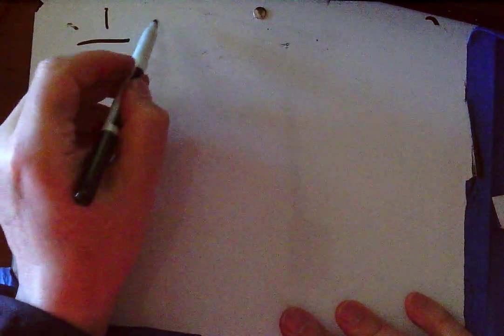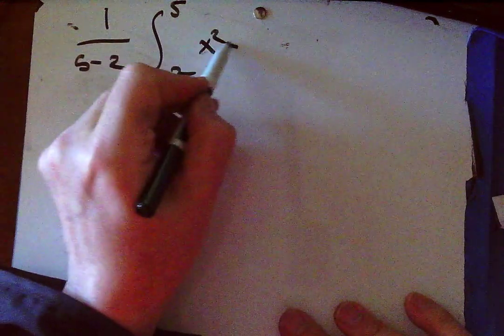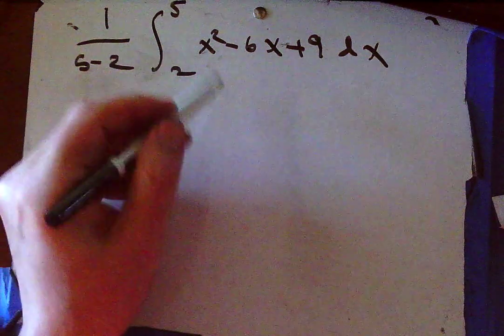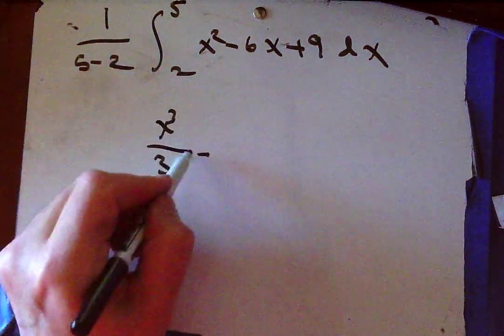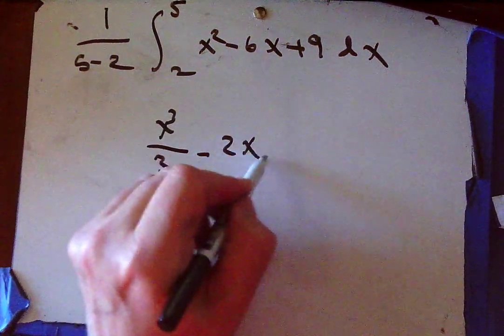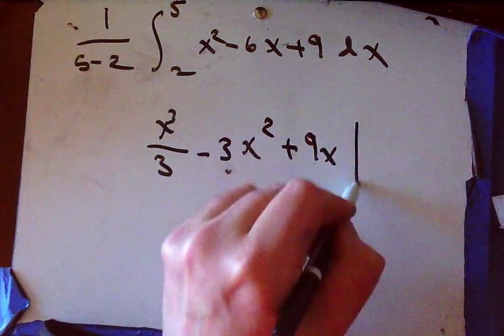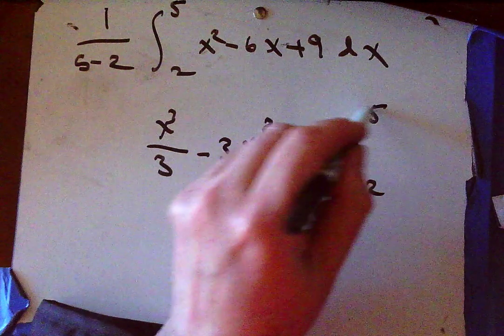Okay. Average value: 1 over b minus a, integral from 2 to b of x squared minus 6x plus 9 dx. Antiderivative: x to the third over 3 minus 3x squared plus 9x. And don't forget to go from 2 to 5.